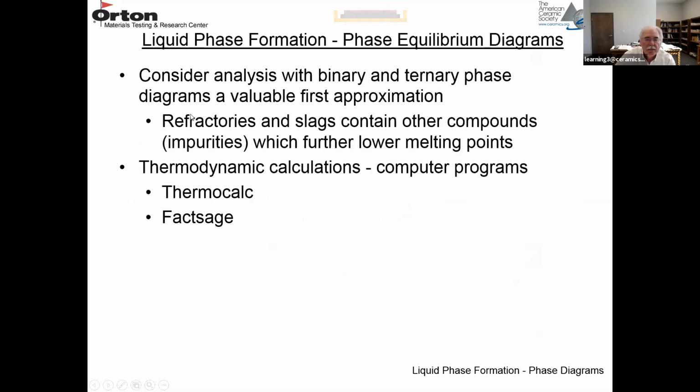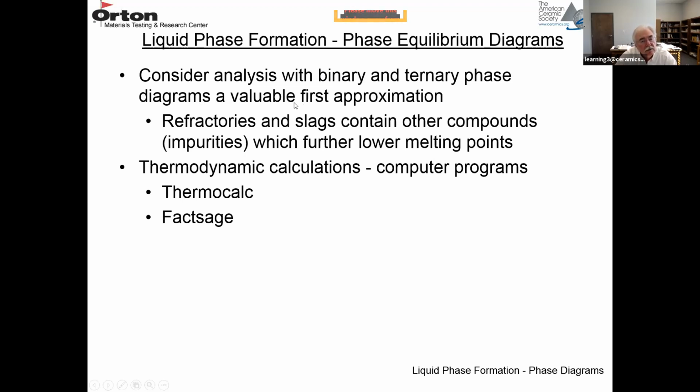So you can use phase diagrams. You have binary phase diagrams, you have ternary phase diagrams. You can use them to predict what reactions might happen between a particular refractory and a liquid, a slag or fluid of some sort. But a binary only has two compositions and a ternary has three compositions.